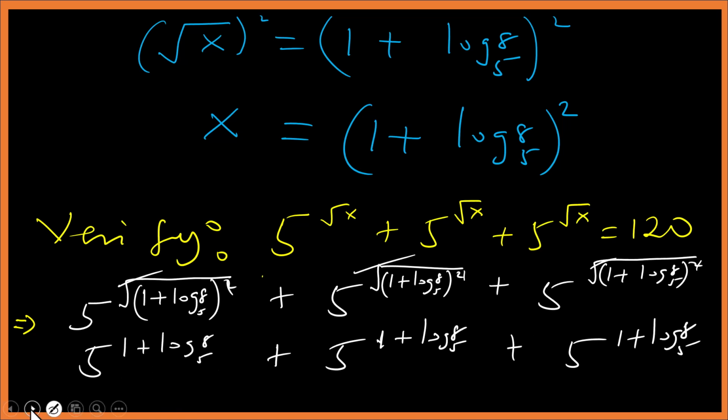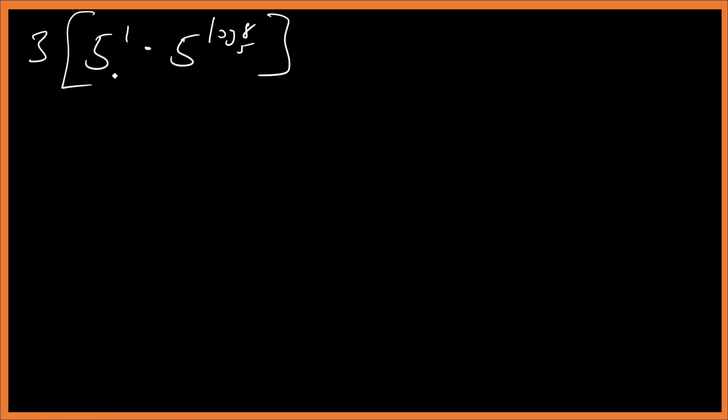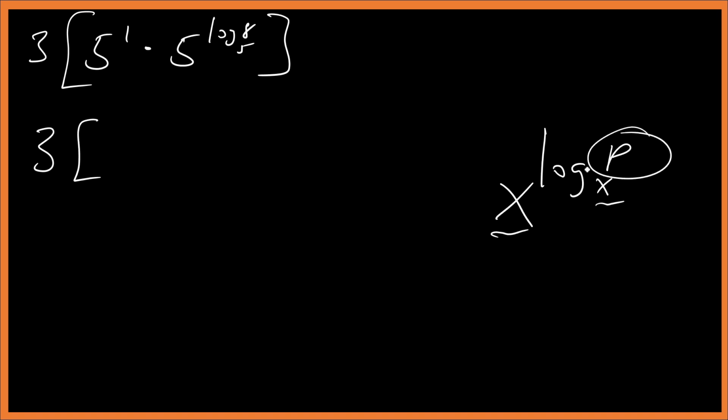So let's express this one, then multiply it by 3, and everything will be solved. All right, so from here, when we're given x raised log p to base x, the answer will be p. In a similar way, 2 raised log y to base 2, the answer is y. Now let's observe this. 5 raised to log 8 to base 5 is 8.